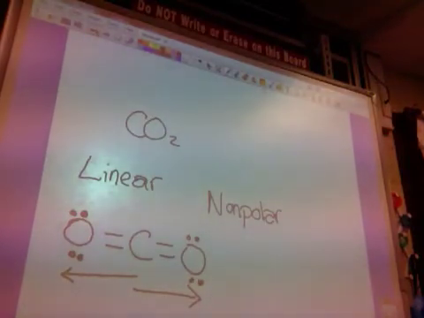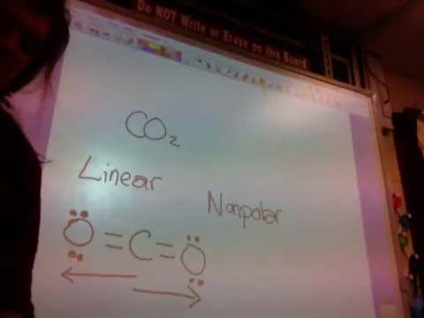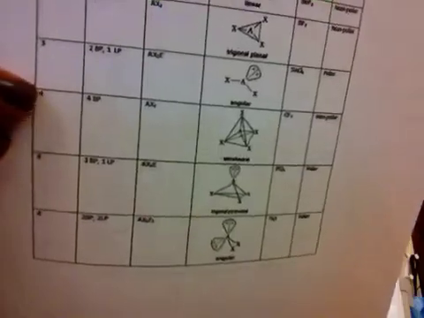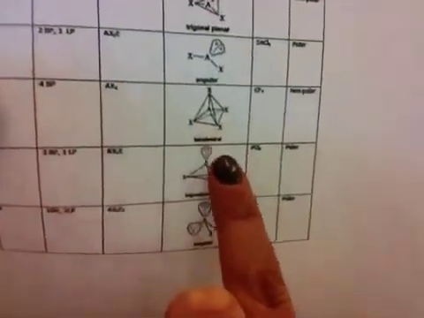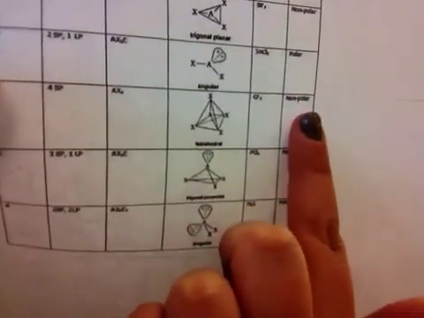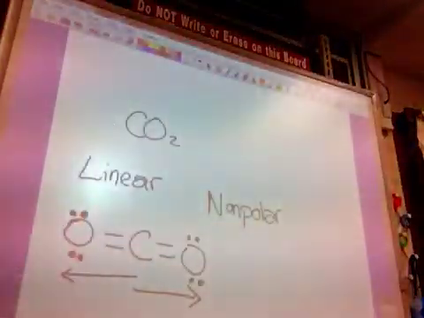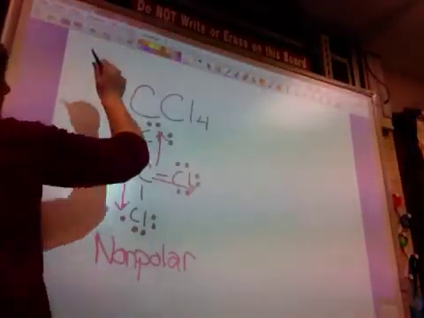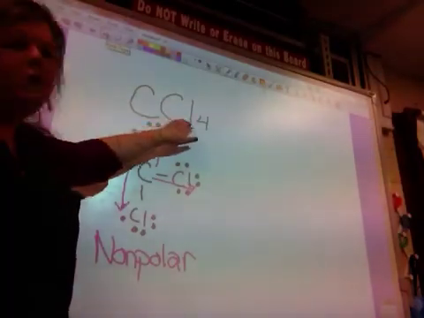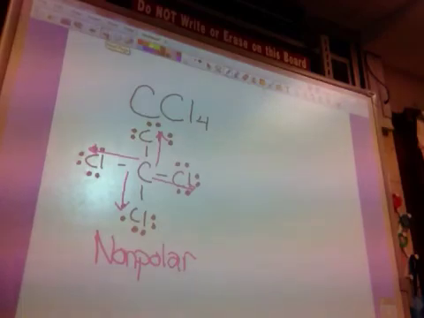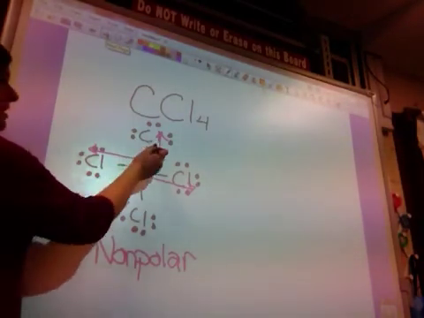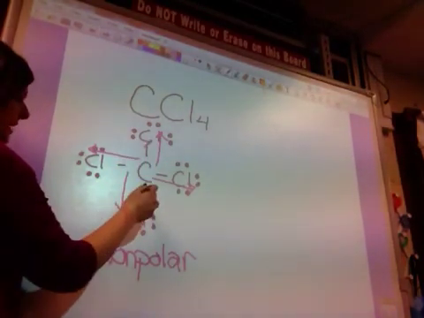If you would look down on that group where it says number of electrons and find 4, look at the tetrahedral group. Here's 4. I have 4 bonding pairs, so this is tetrahedral. It's nonpolar. We just did that one. Carbon tetrachloride is tetrahedral. We know that because there's 4 bonding domains here.